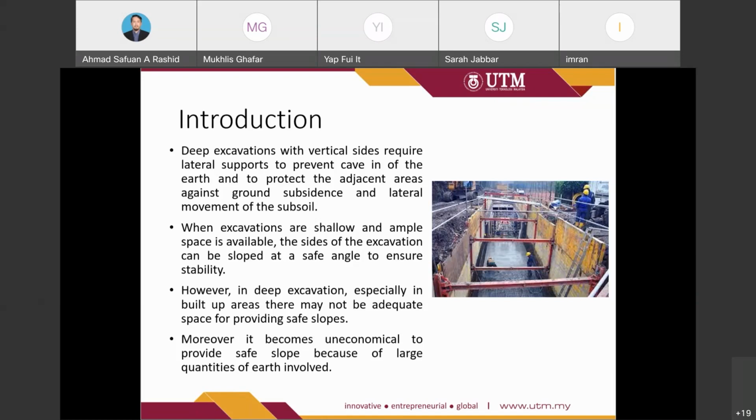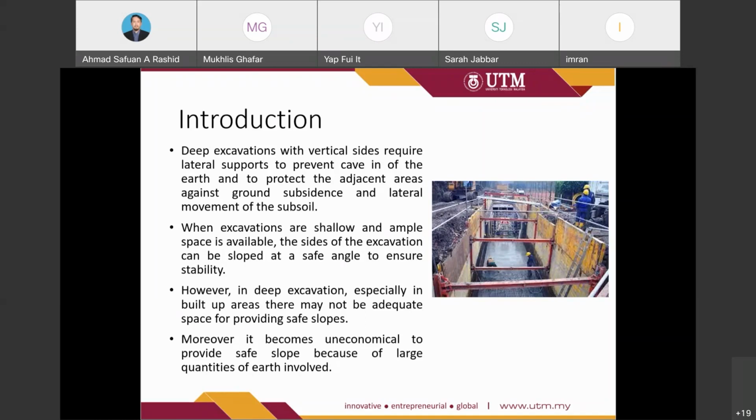So that is the problem, where the site is a very limited area. So it's not very practical to have a slope in order to have a deep excavation.